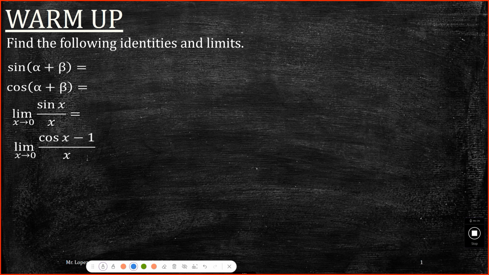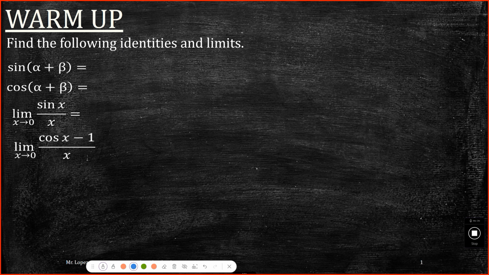So this is an identity from pre-calculus. Sine of alpha plus beta. That's the sum identity. So let me just give you what it is. There's a proof of this, but you're just gonna believe that this is true.